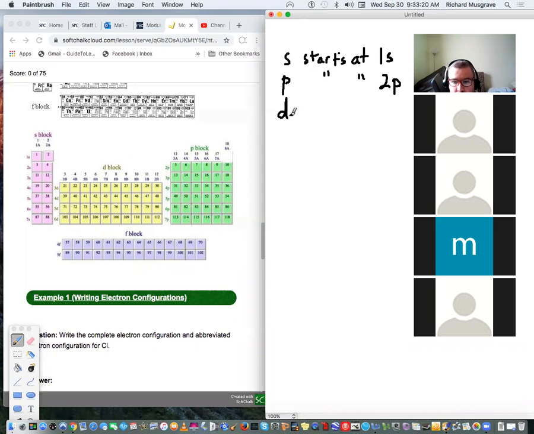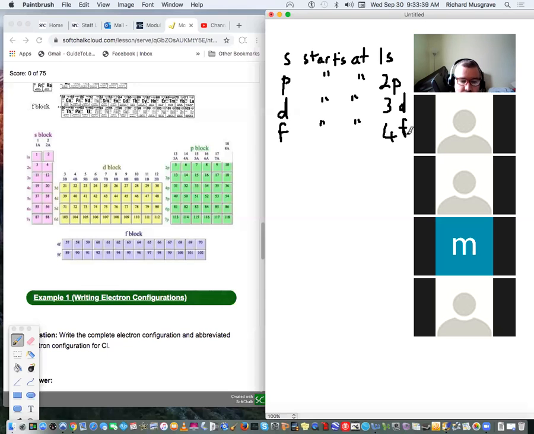The D starts at 3d. And the F starts at 4f. And I think if you remember that, then it makes writing out these electron configurations a whole lot easier.